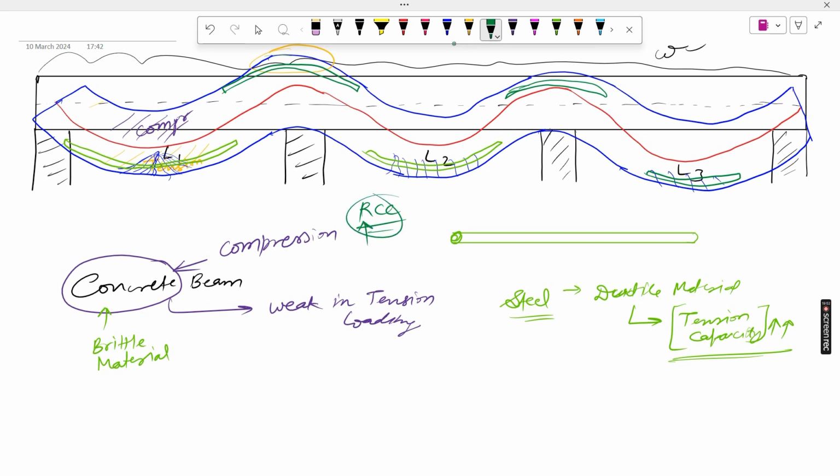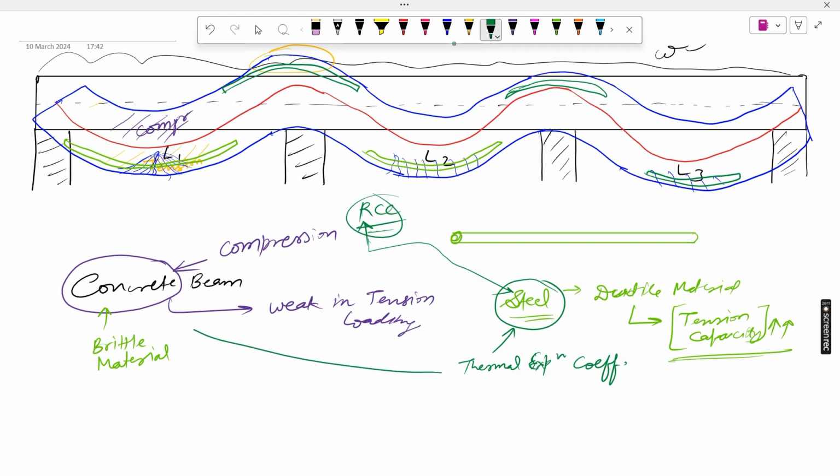This is the logic behind why we should study the RCC subject, and the meaning of reinforced. Any ductile material we could take, but we still take steel because steel has a thermal expansion coefficient the same as concrete. It's a very famous question that will be asked in any interview. During thermal expansion, when the temperature rises, the materials will expand.